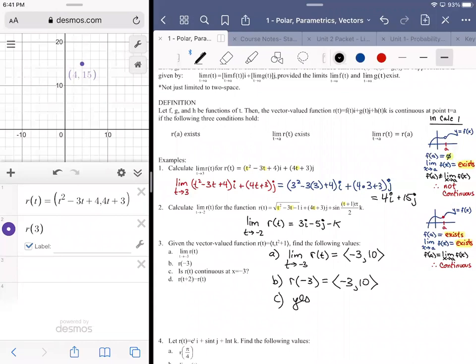So let's be a little bit more specific. Yes, because R of t is equal to the limit as t approaches -3 of R of t, and they exist.